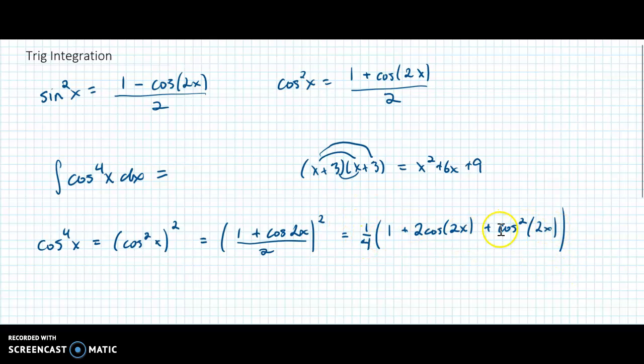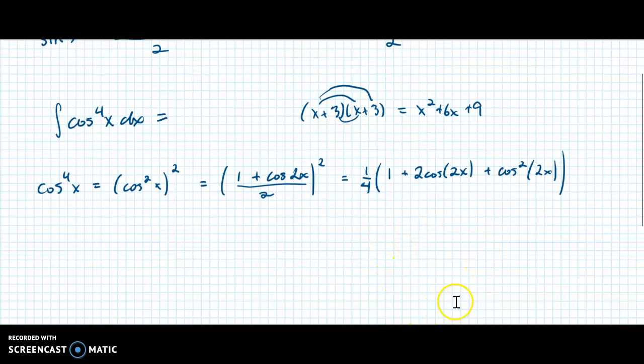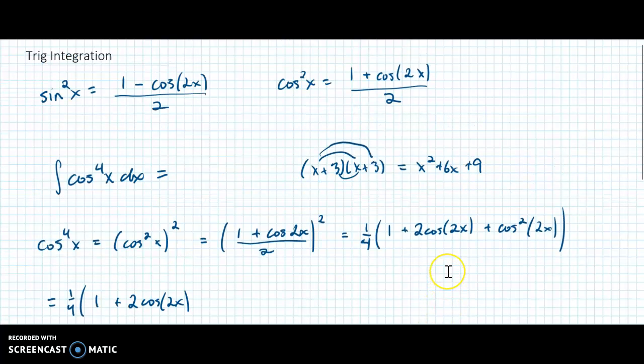So the next thing I'm going to do is simplify this. I'm just going to leave the 1/4 out front right now because I don't want to deal with it yet. I can apply it in later. So that is 1/4, open parentheses, I got a 1, plus 2 cosine of 2x. And then let's see, yeah, we got the formula in there. So notice here I've got a 2x.